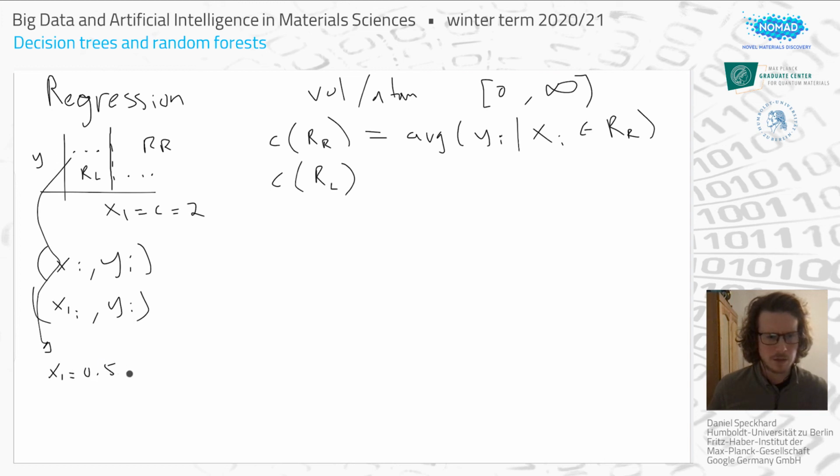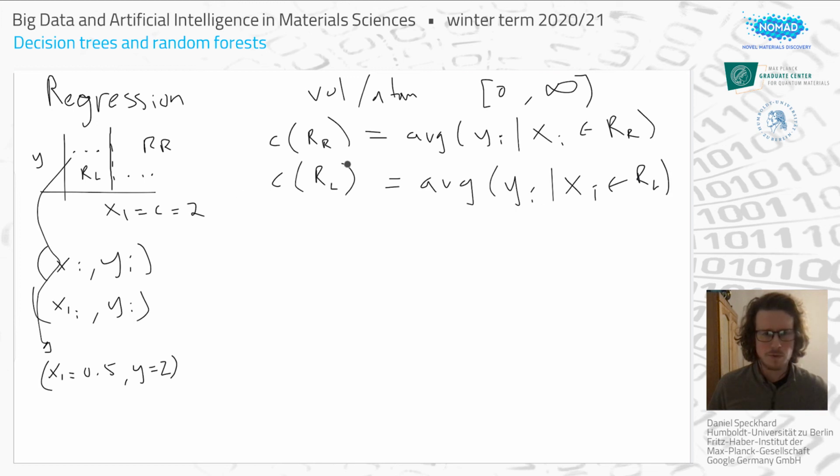And what is the y value? Well, it is y equal to 2. That'll be one data point, and the others will also have values here. And we're going to take the average of all of the data points in this region. So we're going to say all of the yi's where the corresponding xi's belong to this region. You could just say this is the average of the yi's in that region. And this is, again, the average of the yi's, but now belonging to this region L.